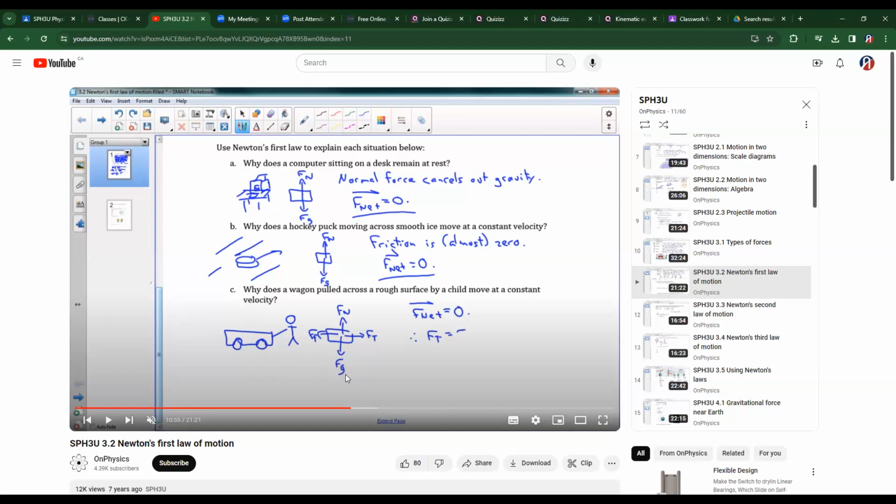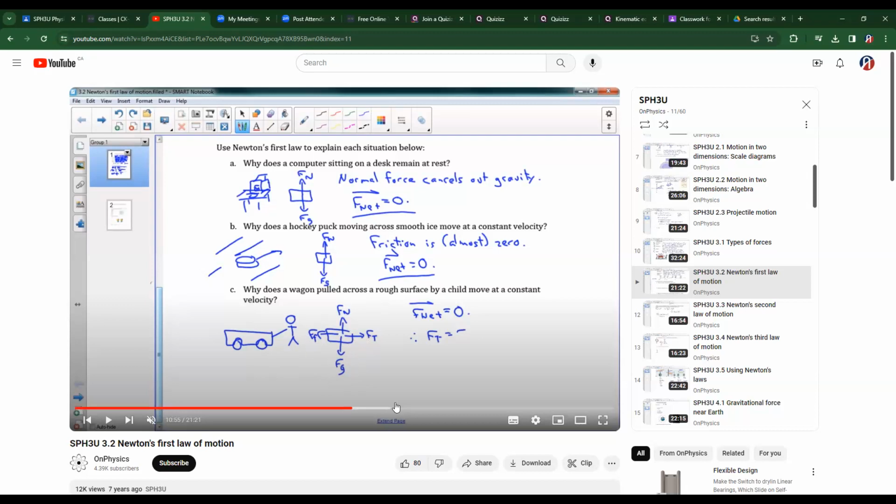If you move to another planet, your weight will change because force of gravity is mg, right? And normal force is the force of reaction from the surface. Force of tension is the same as your applied force if you're dragging the object, and force of friction is the force that prevents the object from moving.